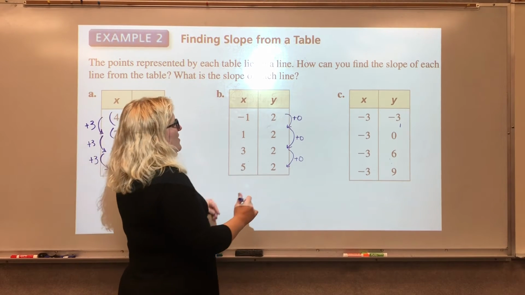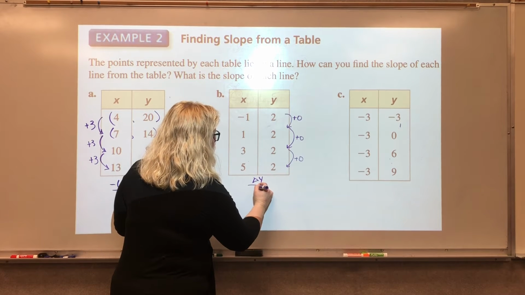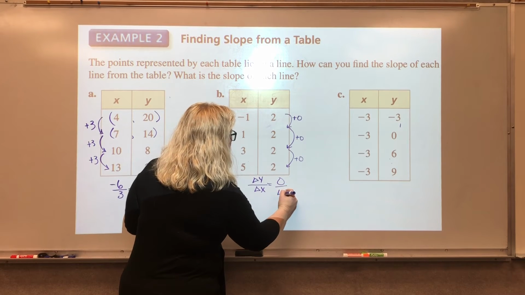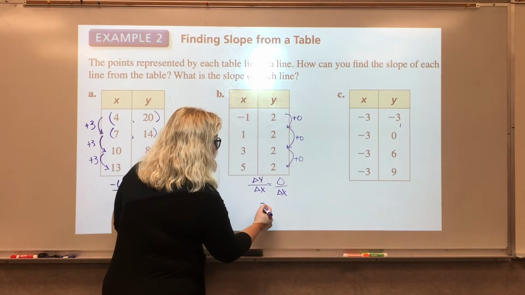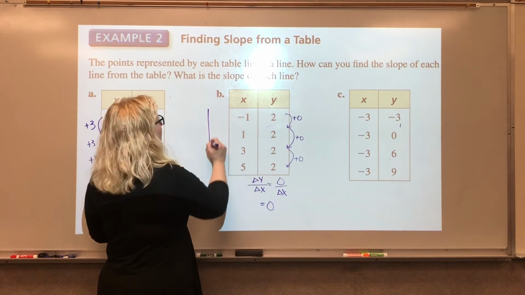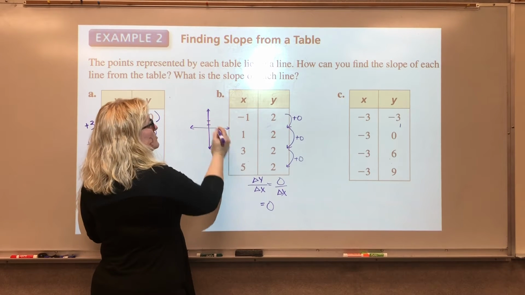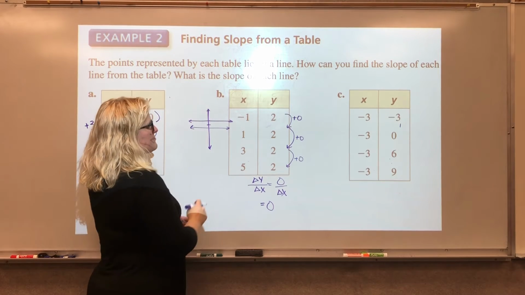So if we have the change in y over the change in x, then that means we have 0 over the change in x, right? I have 0 over x, which gives me 0. So this is a flat line. If I were to graph this, okay, it would be y equals 2, and it would just go across like that.